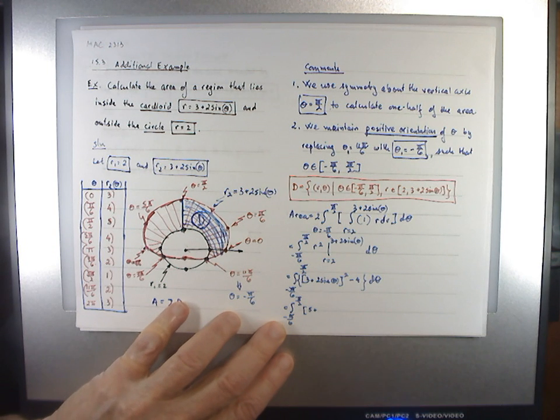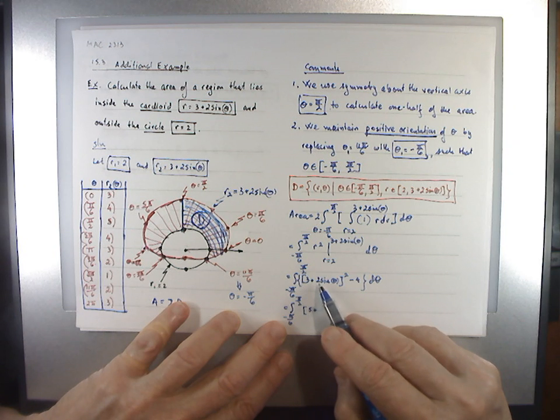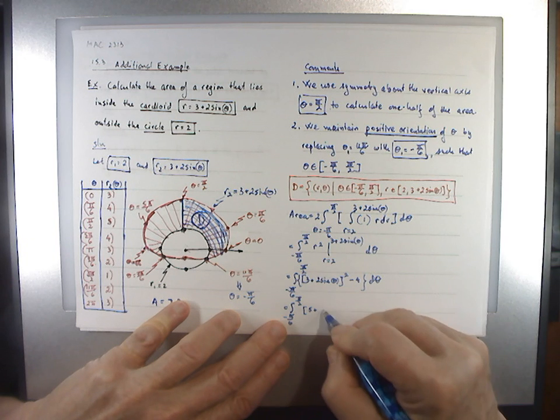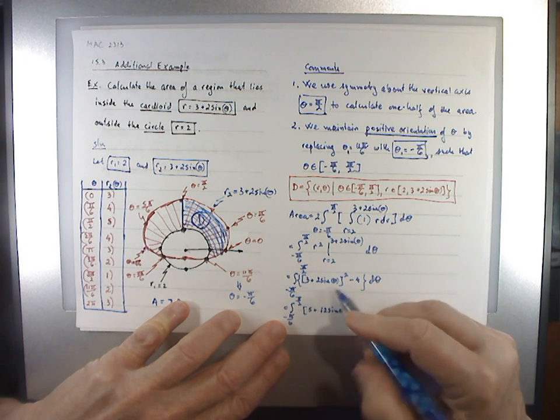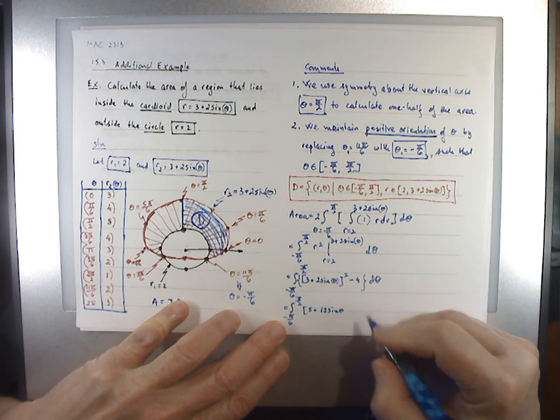And then we have 3 times 2, 6, times 2, so we have 12 sine theta. That will be the middle term, 12 sine theta. And then we have plus 4 sine squared of theta, right?